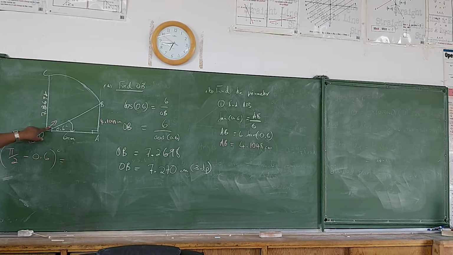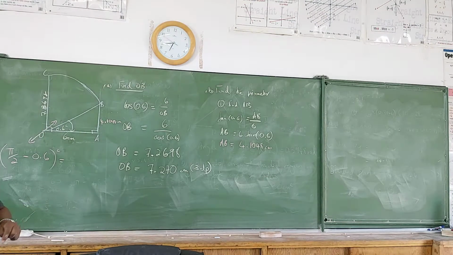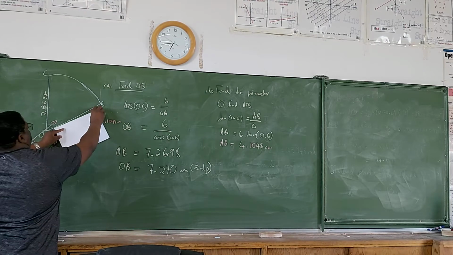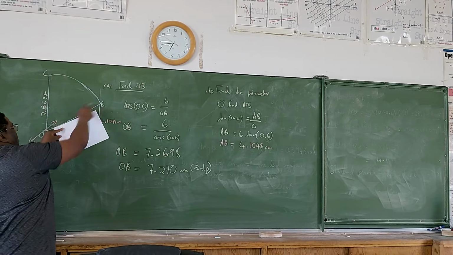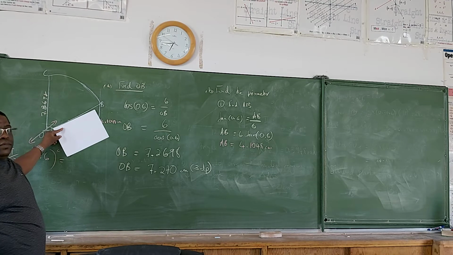Yes, because we need to find this arc length. Do you understand? How are you going to find this? We know this is the radius, no problem. But we don't know that angle. You see?